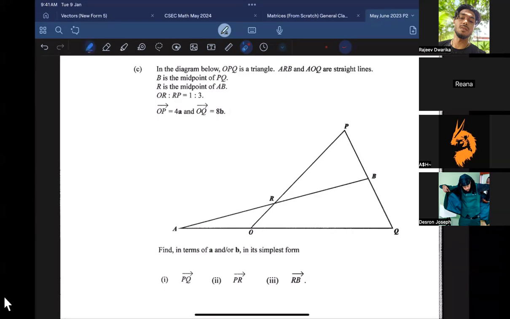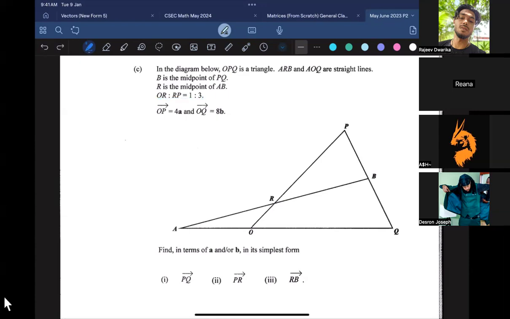Right. Let me understand what exactly is happening here. That's an example of a ratio. It means that for every one OR, you have 3 RPs. Let me give you another example of a ratio.